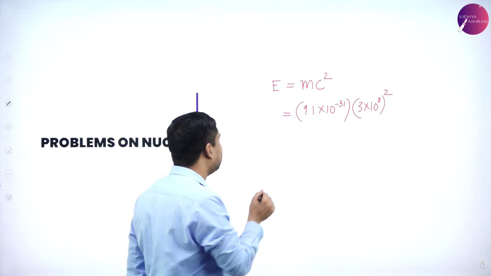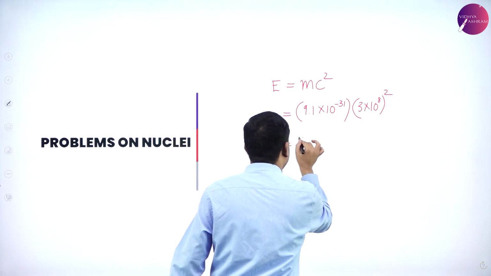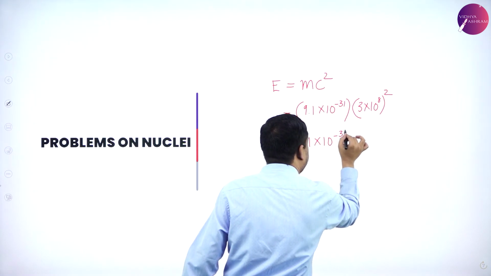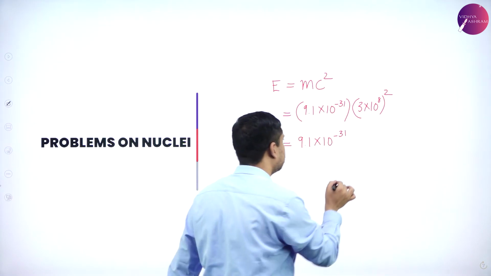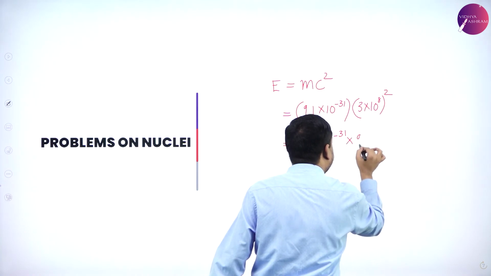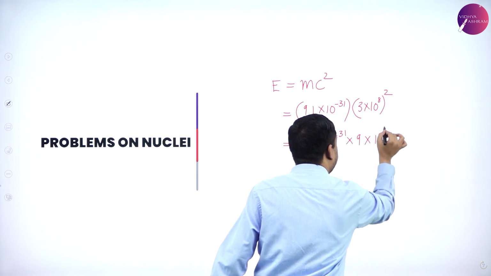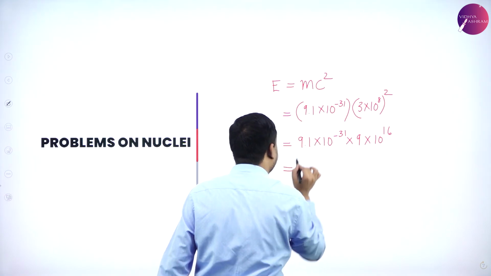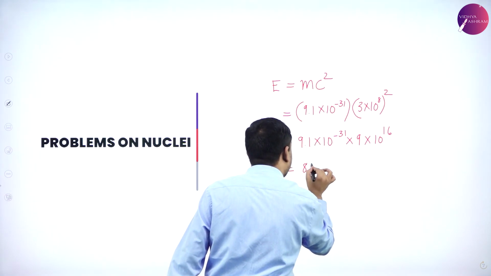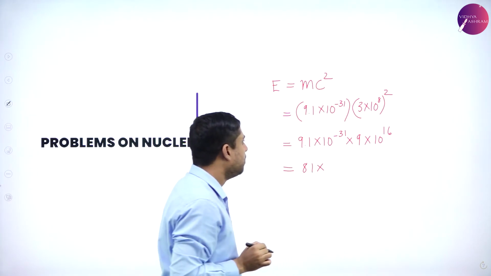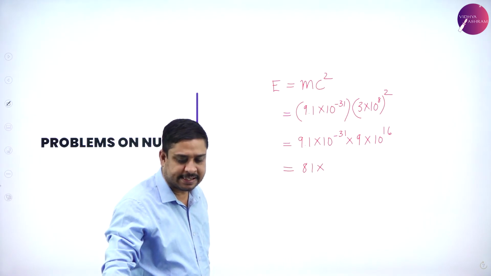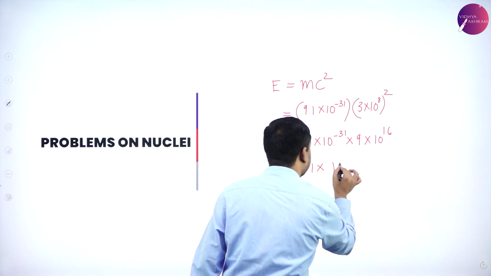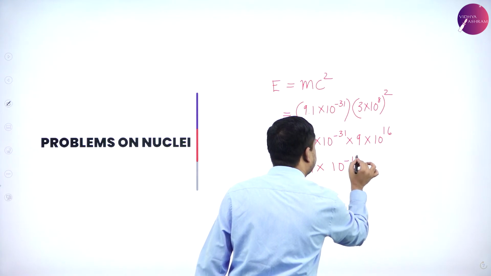Simplifying this, 9.1 into 10 power minus 31 into 9 into 10 power 16, nearly 9 into 9, 81, minus 31 plus 16, nearly 10 power minus 15 joule.